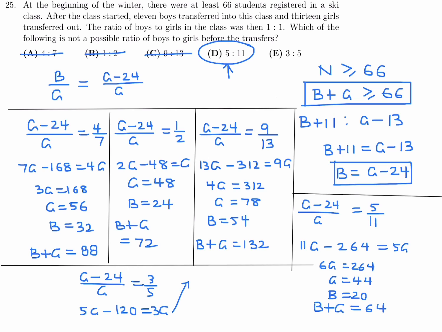And therefore 2g is 120. And therefore g is 60. And then b would be g minus 24, which makes it 36. b plus g is 96, and that satisfies that equation. So this is also possible. Therefore, in a very complete way, we have arrived at the answer, which is D for number 25.